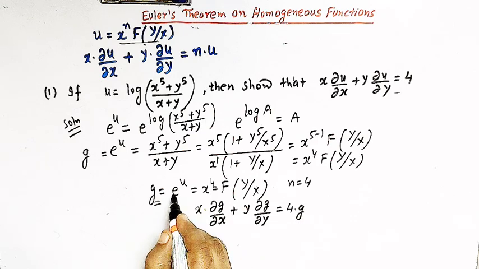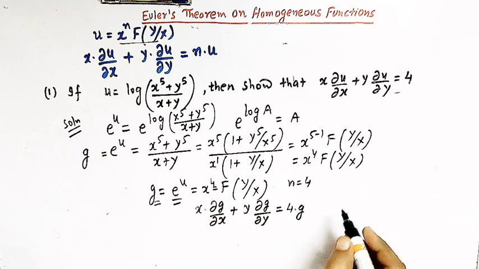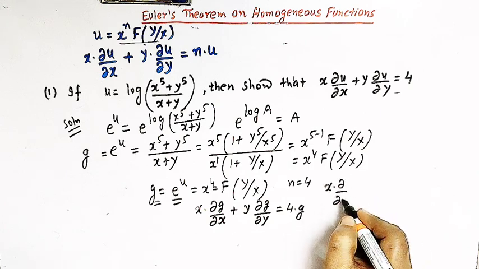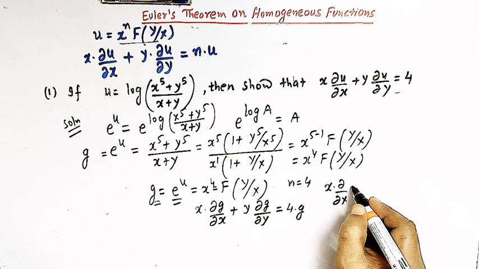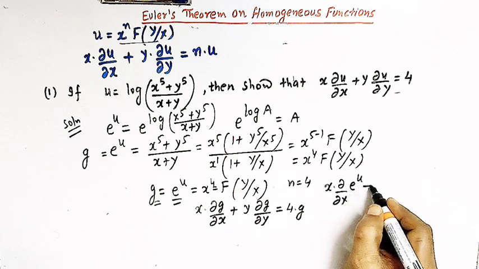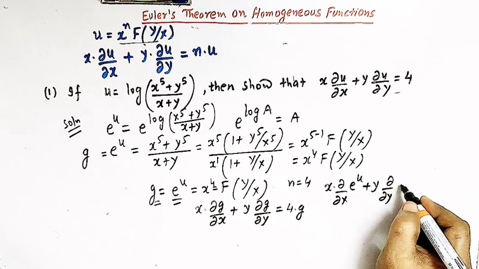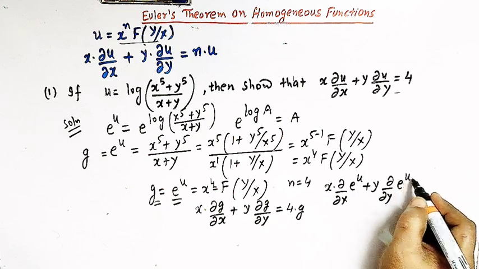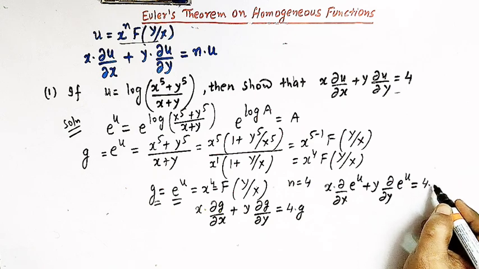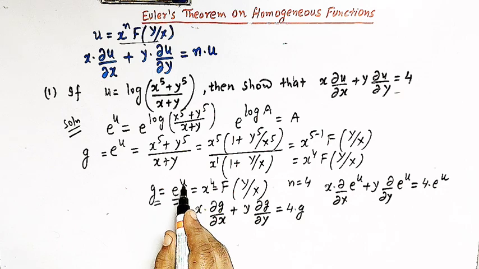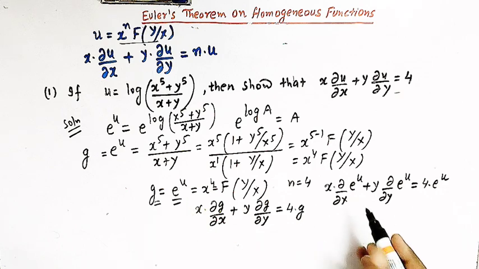Now for g we can substitute e raised to u. So we have x times del over del x of e raised to u, then we have y times del over del y of e raised to u, and this is 4 times e raised to u. So substituting g is equal to e raised to u in this equation.